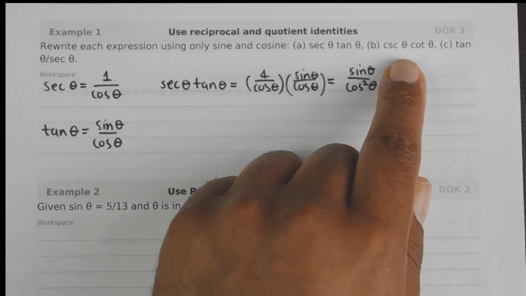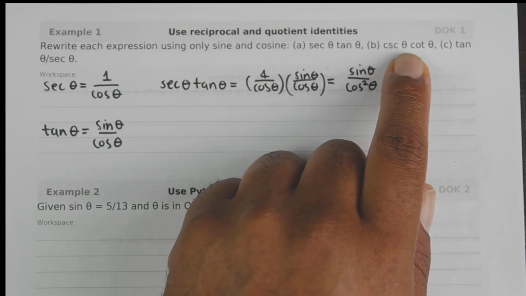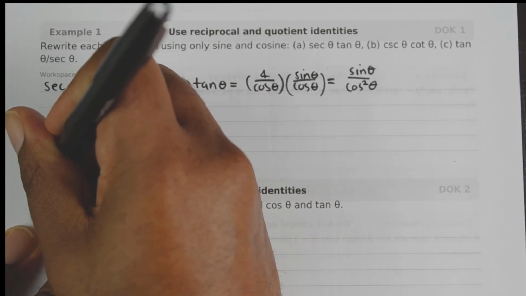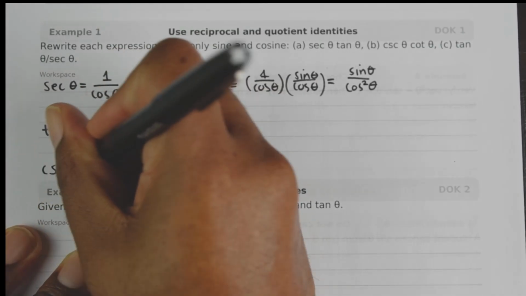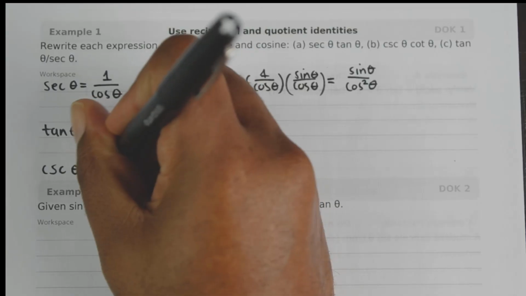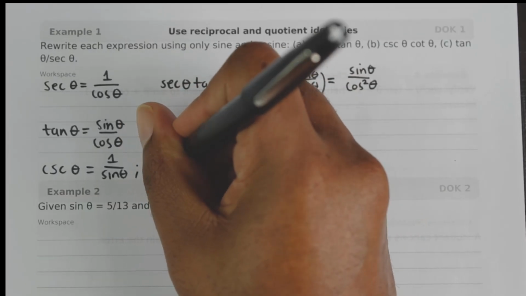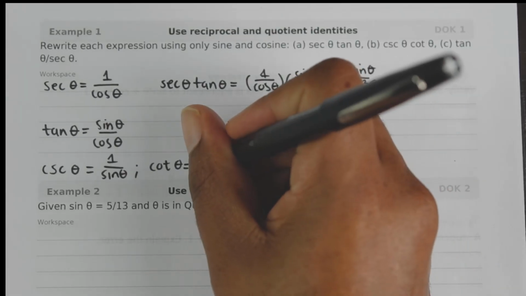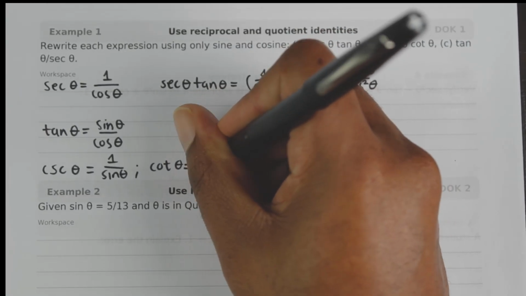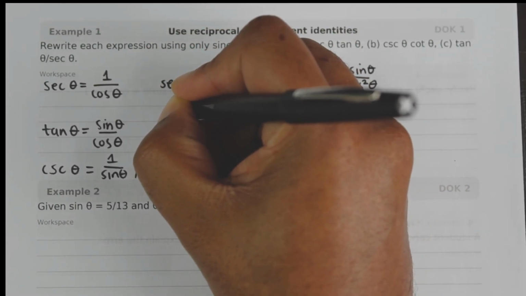Now we need to rewrite B. B is cosecant theta cotangent theta. Cosecant theta is 1 over sine theta, and cotangent theta is cosine theta over sine theta.